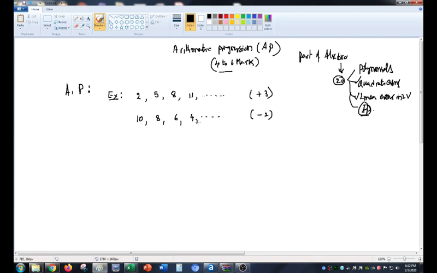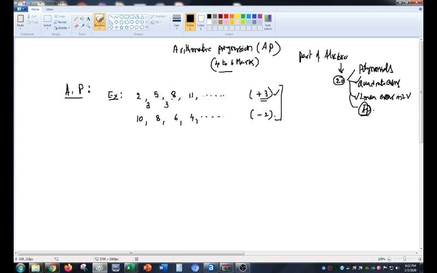So whether it is addition of a fixed number or subtraction of a fixed number, when a sequence of numbers is obtained by adding or subtracting a fixed number, we call it an AP. This is simply an example. So this fixed number is 3: 5 minus 2 is 3, 8 minus 5 is 3, 11 minus 8 is 3.